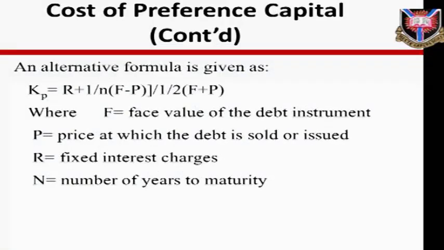An alternative formula is given as K0 equals [R plus (1 over N)(F minus P)] divided by [(1 over 2)(F plus P)], where F is the face value of the instrument, P equals the price at which it is sold or issued, R equals the fixed dividend charges, and N equals the number of years to maturity.